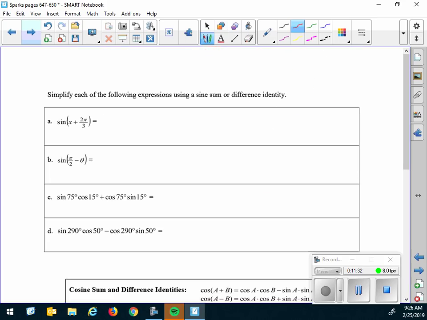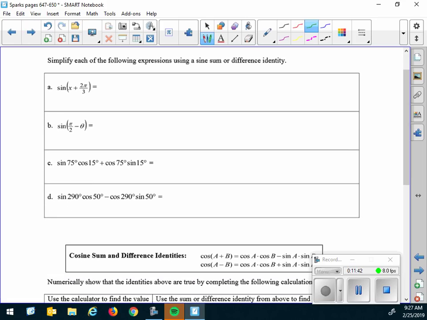Okay. Simplify each of the following expressions using a sine sum or difference identity. So this one is sine with a plus. Now remember, sine with a plus is sine of the first, cosine of the second, plus cosine of the first, sine of the second.